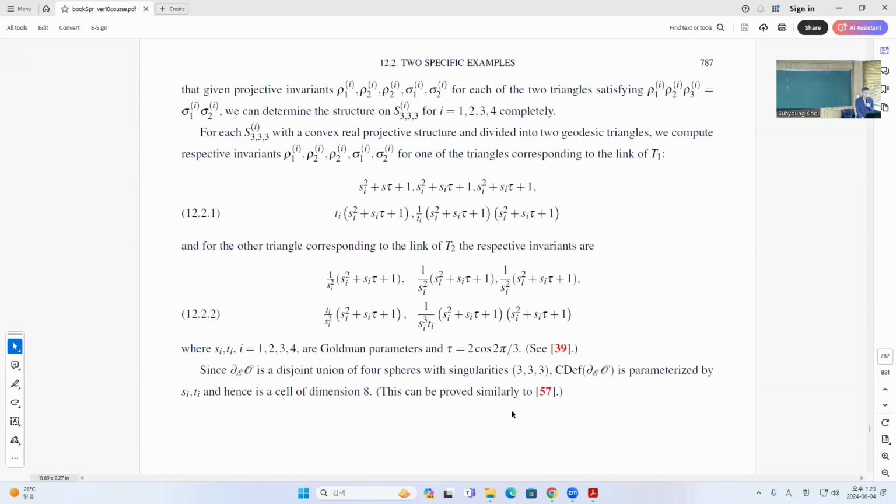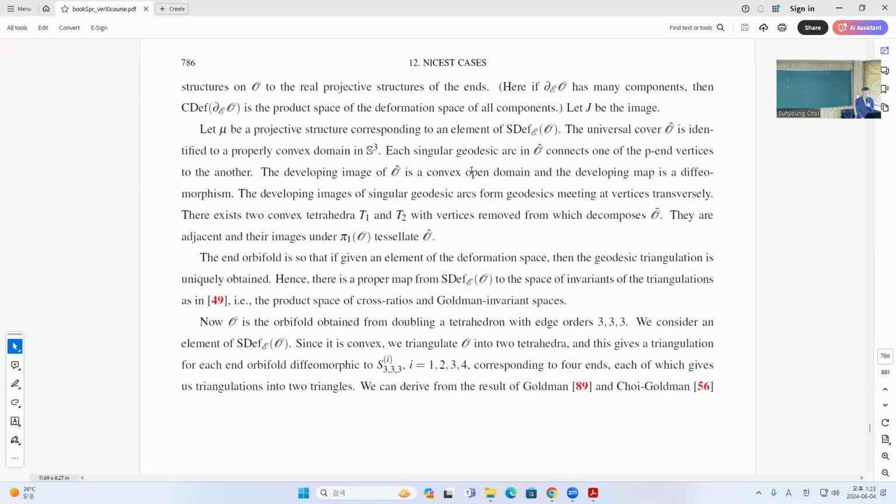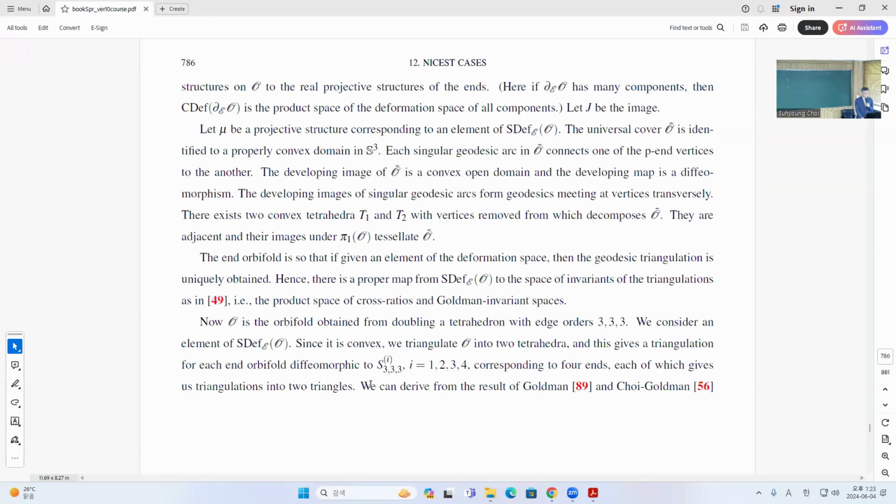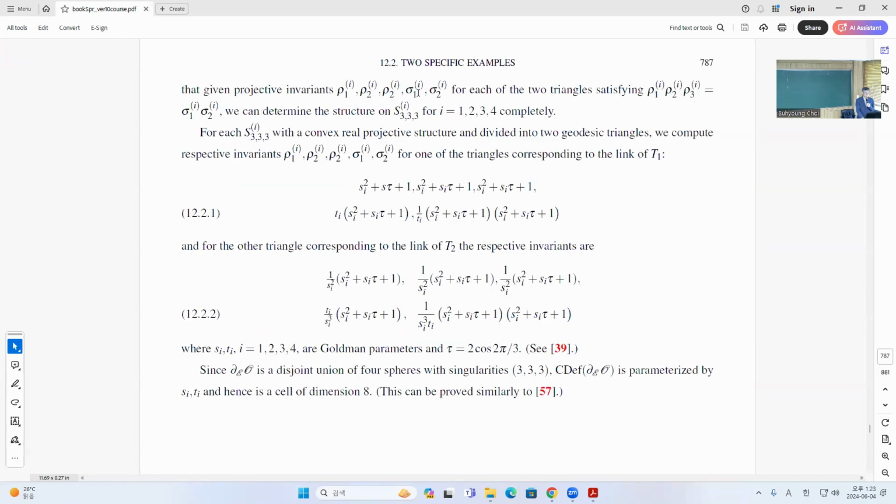So this has a projective structure, and they can be classified by the projective invariants, which satisfy this condition for each of these. Each of these spheres can be divided into two triangles, and these triangles will give you three cross ratios at the vertices and two interior invariants.